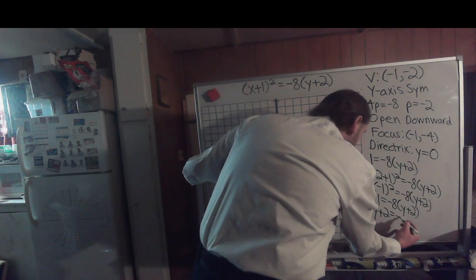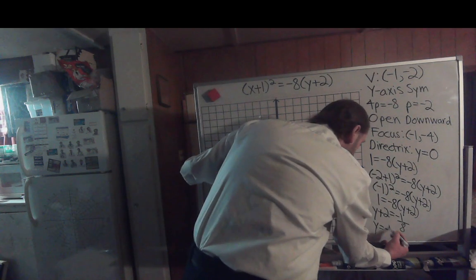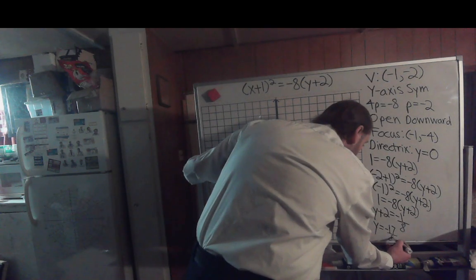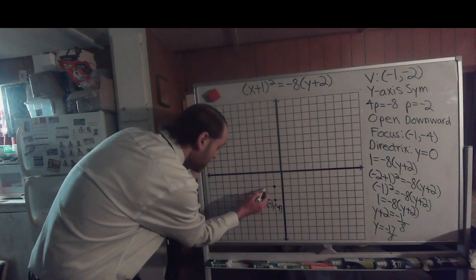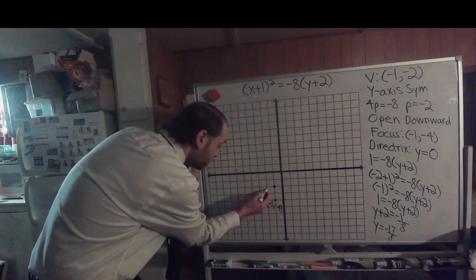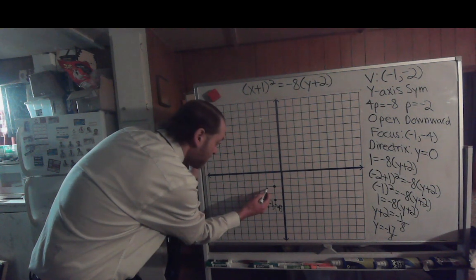So then y plus 2 equals -1/8, which would have to mean that y also equals -17/8. So I would also get the coordinate -2, -2 1/8. So there's that point.